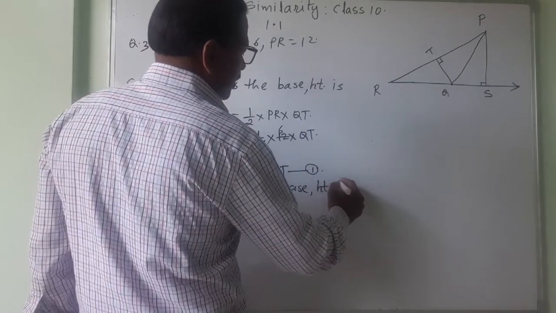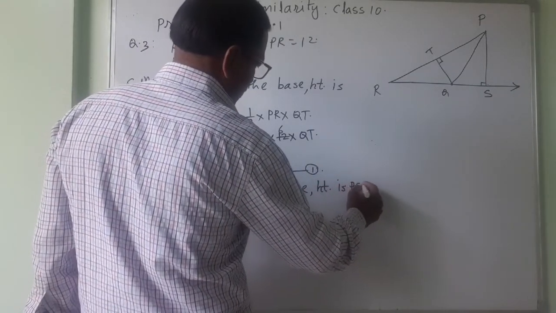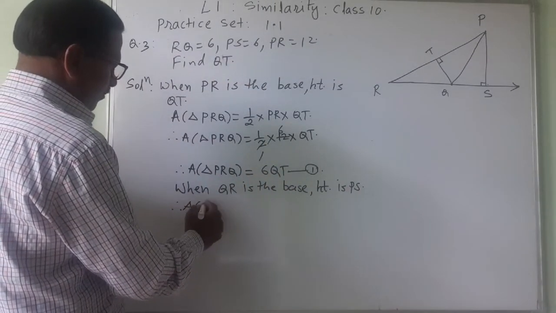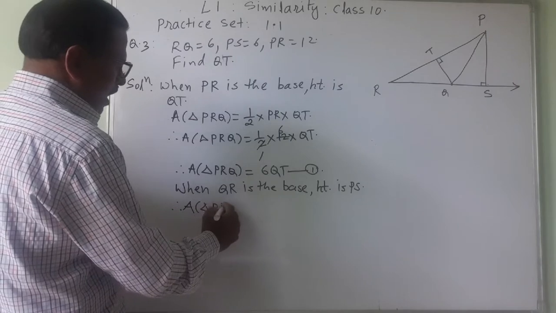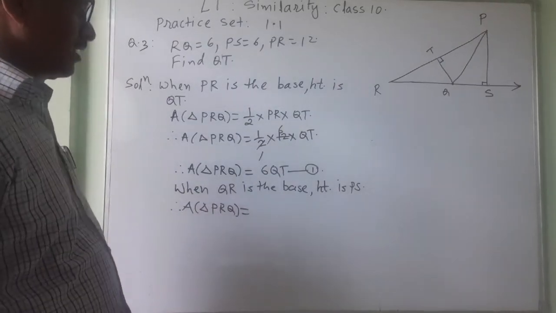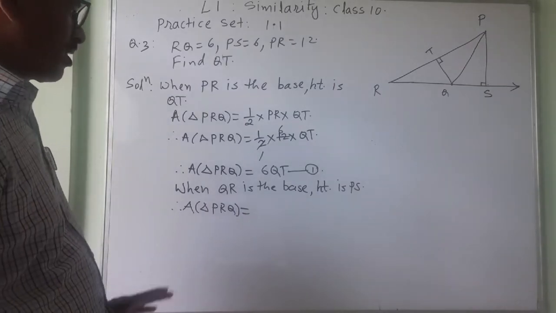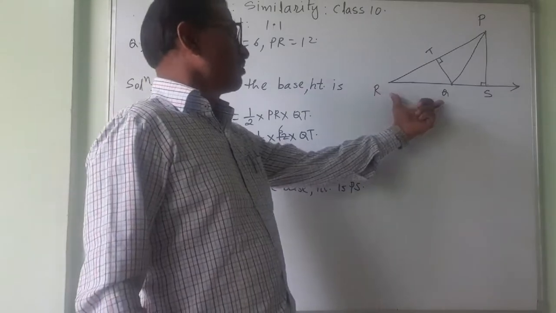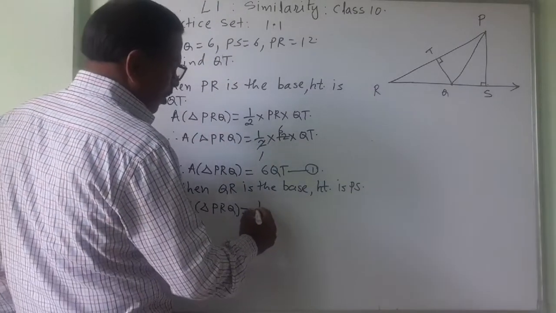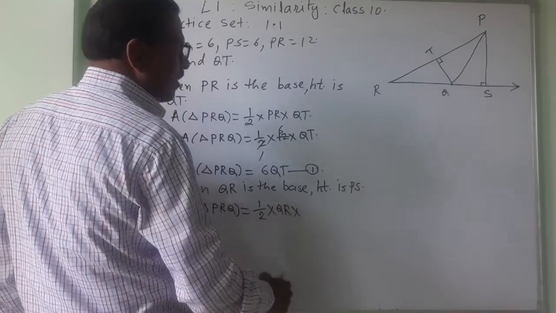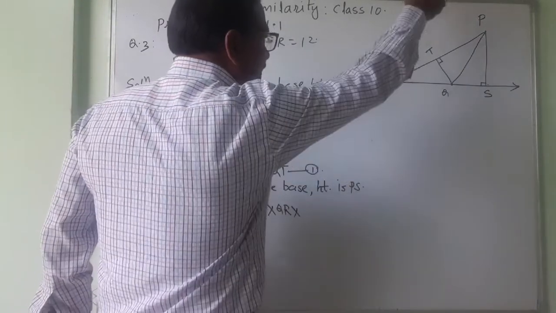Therefore, area of triangle PRQ is equal to 1 upon 2 into base into height, but now the base is QR. So 1 upon 2 into QR into, when I am taking QR as the base, what is that height?